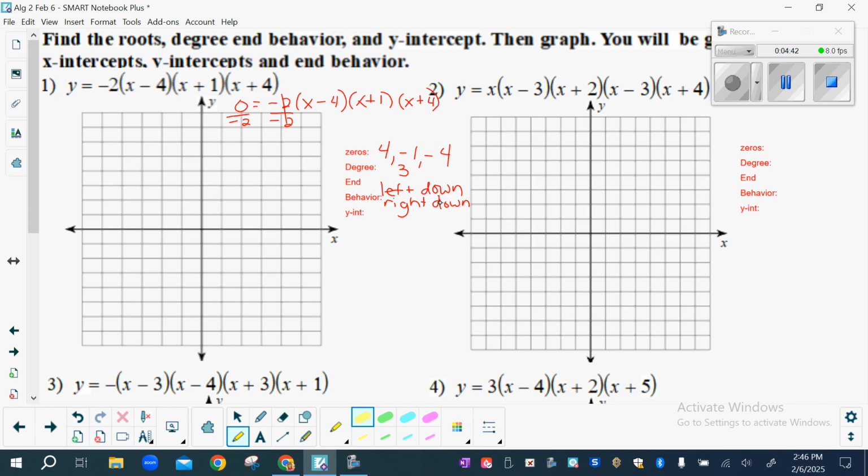Okay, so now to find the y-intercept, we substitute 0 for all the x values. So we get -2 times -4 times 1 times 4. So this group straight back here, tell me what the y-intercept would be.